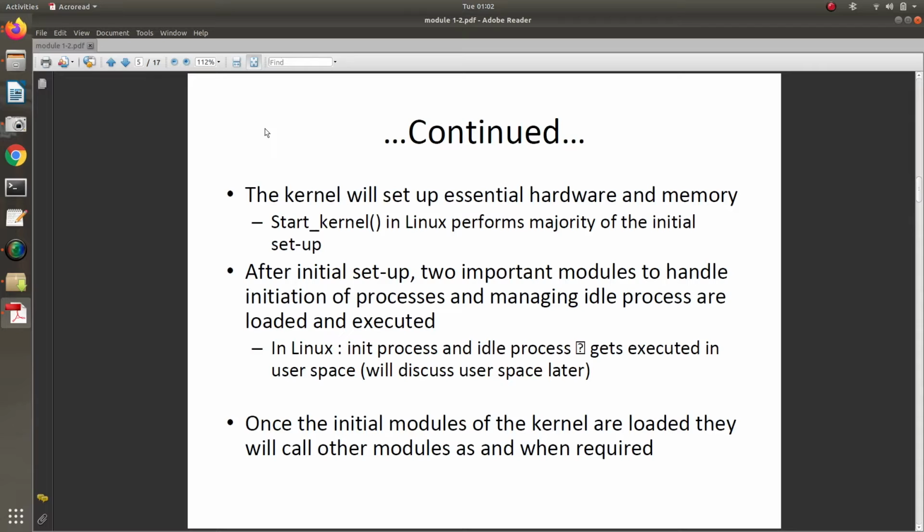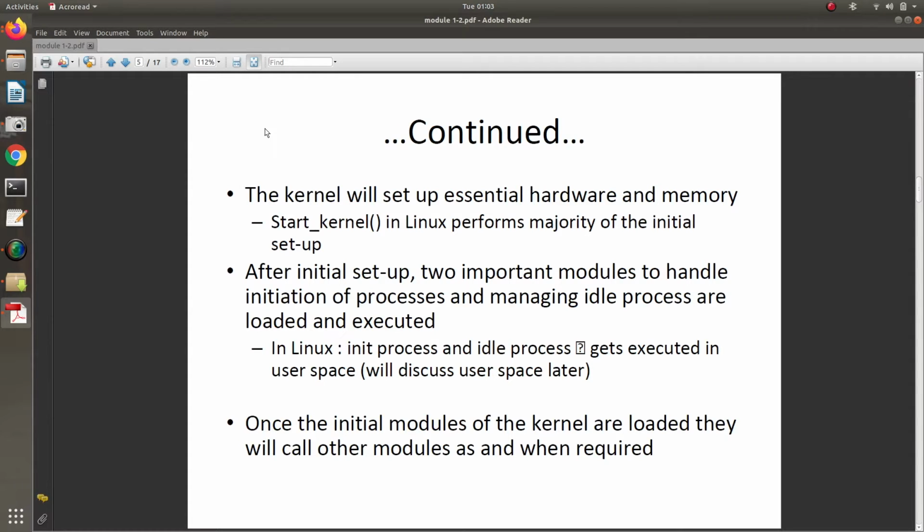In Linux, mostly we'll be discussing Linux only because it helps us to understand an operating system easily. So the kernel will set up essential hardware and memory. When you switch on the machine, the function called start_kernel takes place, and that function basically sets up the kernel.